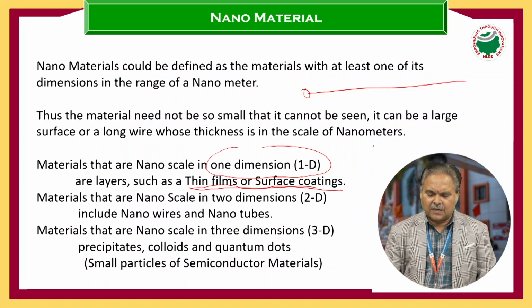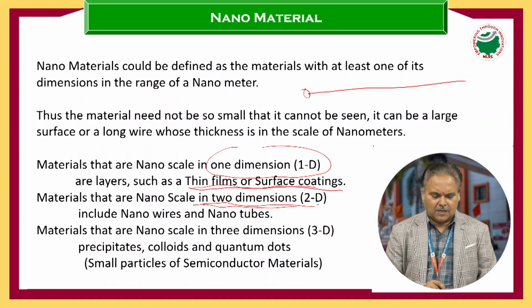So we call this a two dimensional nanomaterial. Among the three dimensions, length, width and thickness, if at least two become nano size, then the material is a two-dimensional nanomaterial. Examples are nanowires and nanotubes.